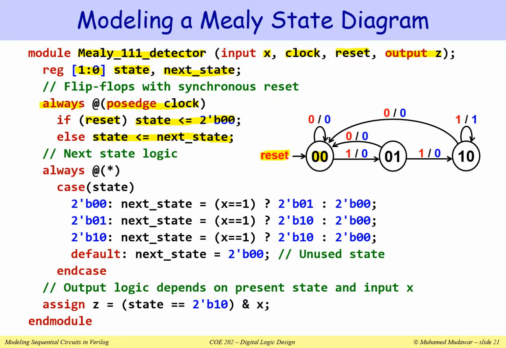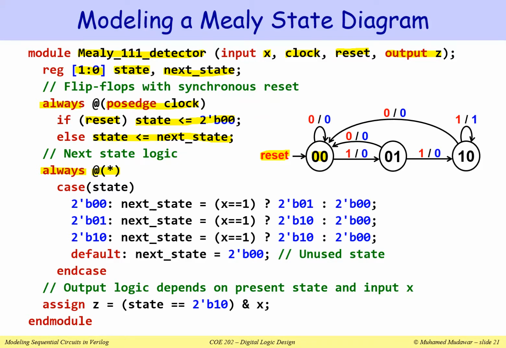Next, we need to describe the next state logic according to the state diagram. So I'm going to write an always statement. This always statement is sensitive to all the inputs that appear inside it. So I'm writing here a star because this next state logic is pure combinational logic. Notice that this always statement will be sensitive to X because you can see that X is read inside the case statement.